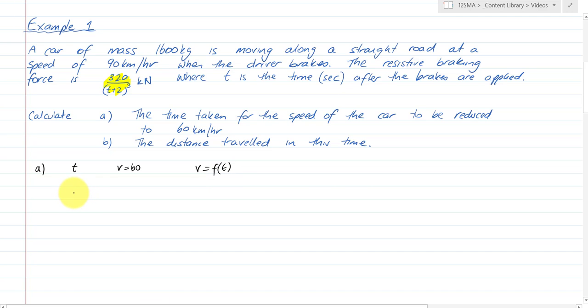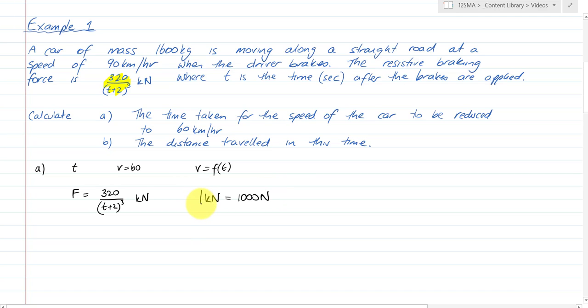We know that the force given to us is 320 over (t plus 2) cubed, and that's in kilonewtons. Just remember that 1 kilonewton is 1,000 newtons, but we'll deal with that a little bit later.